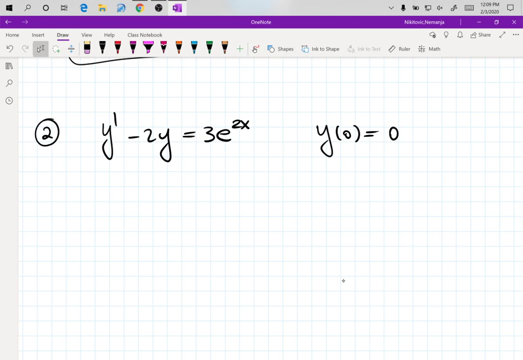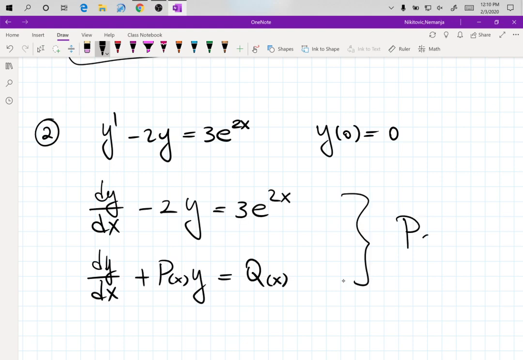So I'm going to rewrite this first as a linear equation, and right underneath, so that we can definitely pick up from these two that p of x is equal to negative 2.